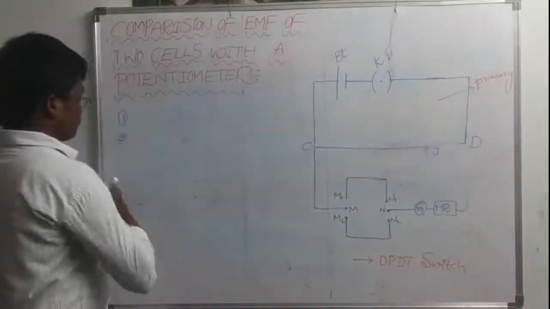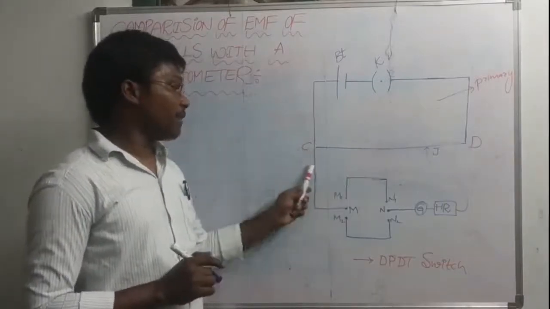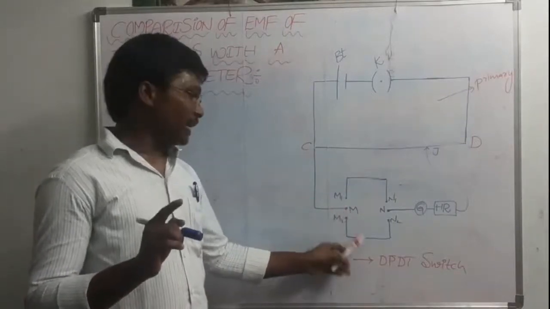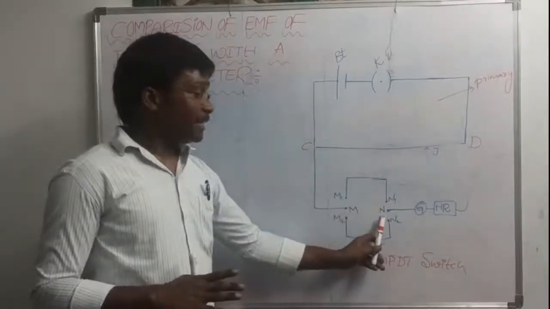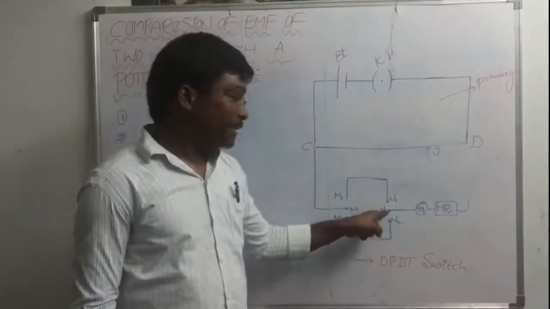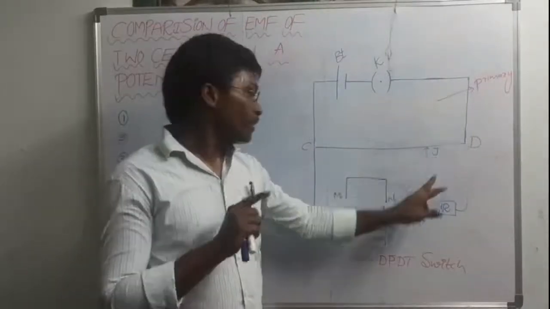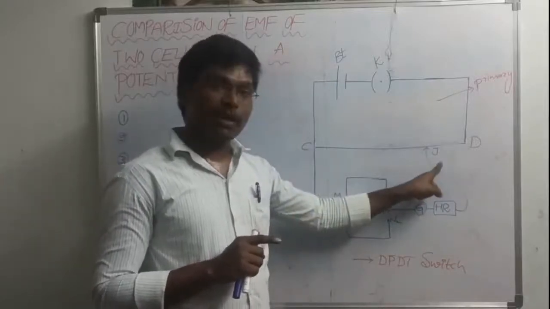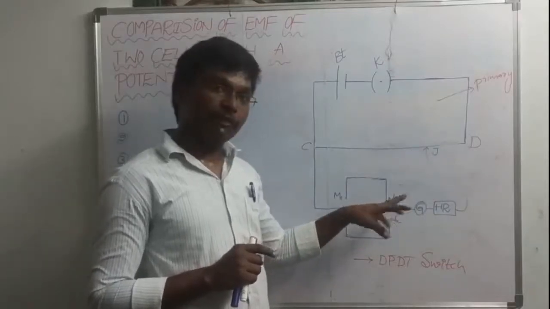Third point: one end of the potentiometer wire is connected to one end of the DP-DT switch, M, and the other end of the DP-DT switch is N. This end is connected with the jockey J. But in between the jockey and the end of the DP-DT switch, what is there?